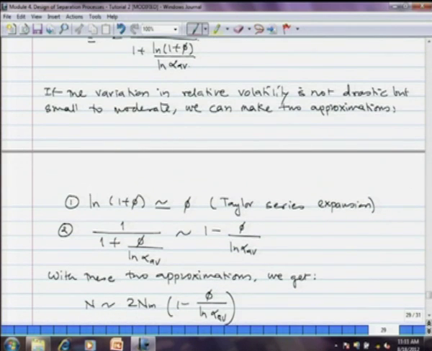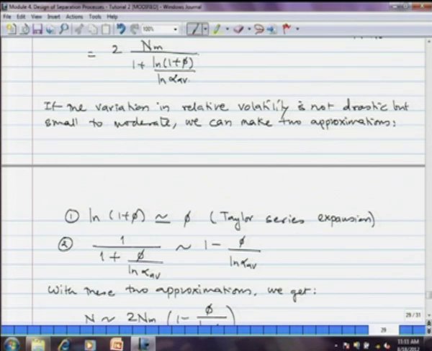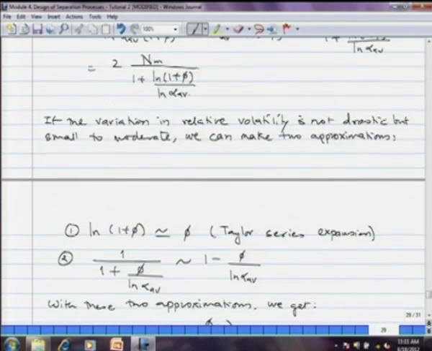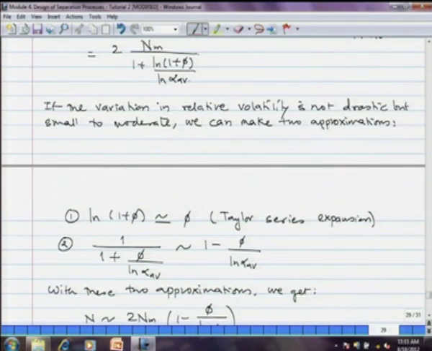If the variation in relative volatility is not drastic, but small to moderate, we can make two approximations for the second expression in the denominator. In the first place, we can write ln 1 plus phi is approximately equal to phi, as per Taylor series expansion. Then the total fraction is 2 times Nm into 1 divided by 1 plus ln 1 plus phi divided by ln alpha AV.